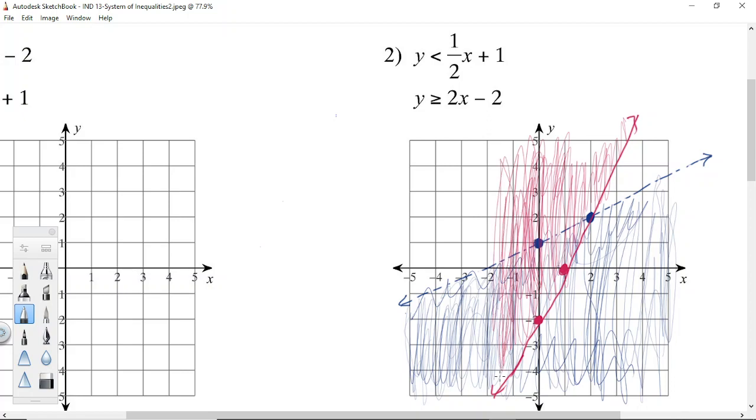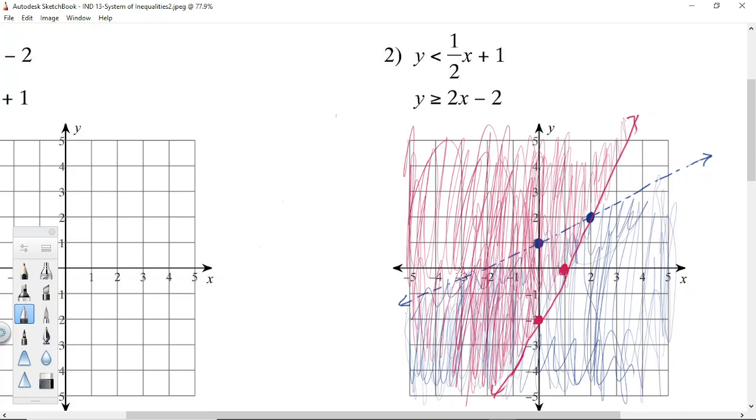I think I'll try the next one a little bit different. I think it works fairly well though to show the overlap, although it's not as dark as I hoped.